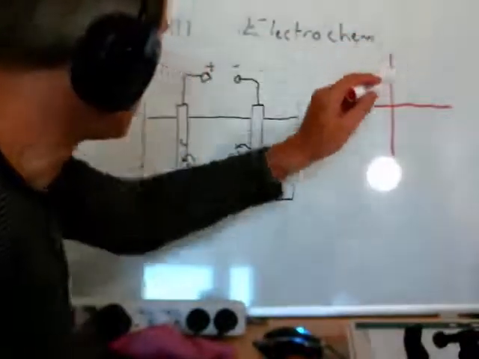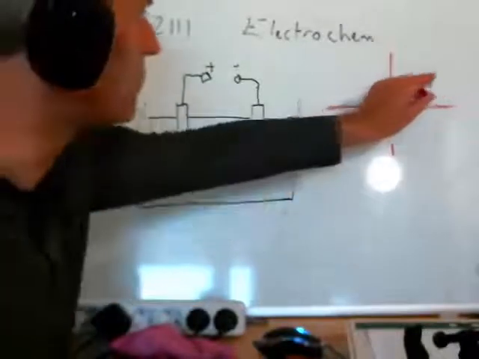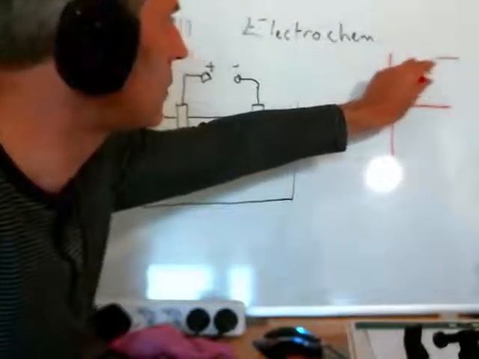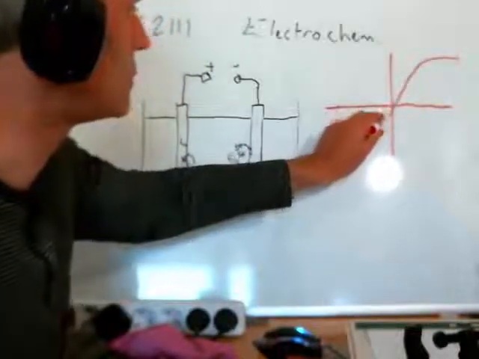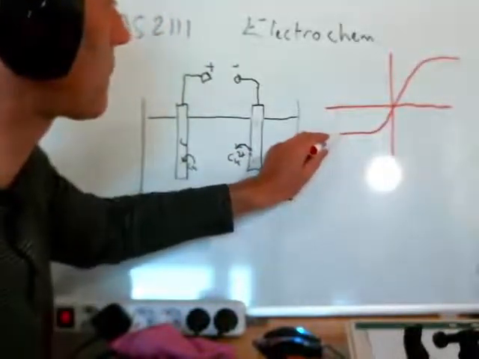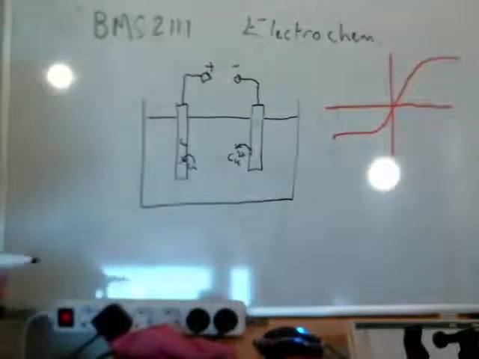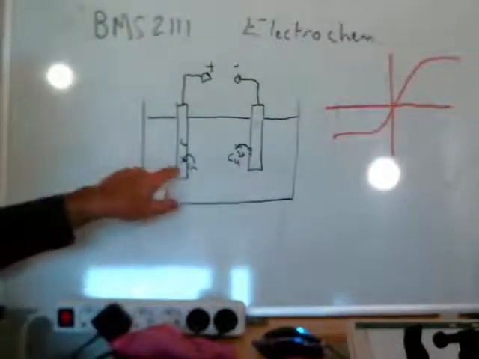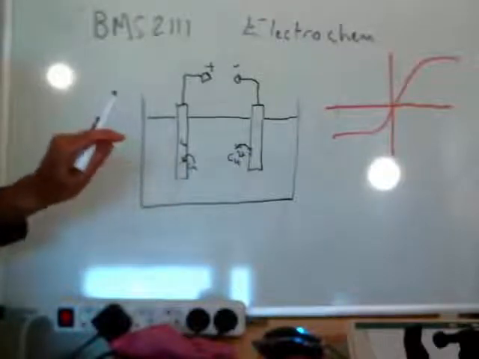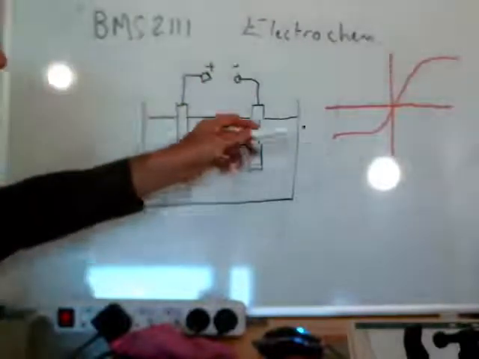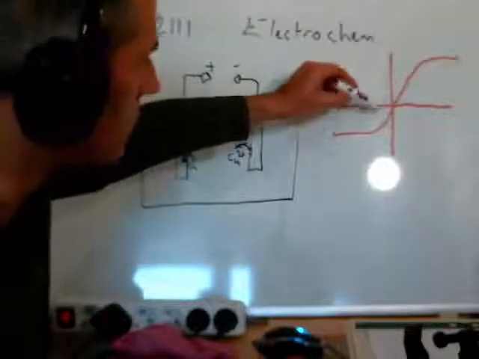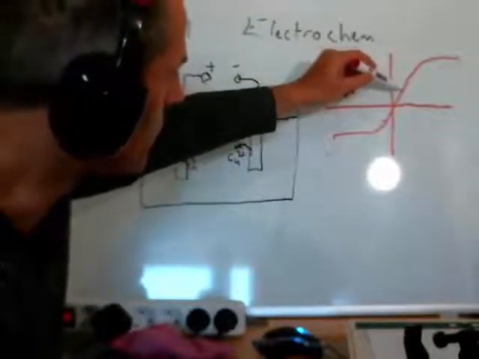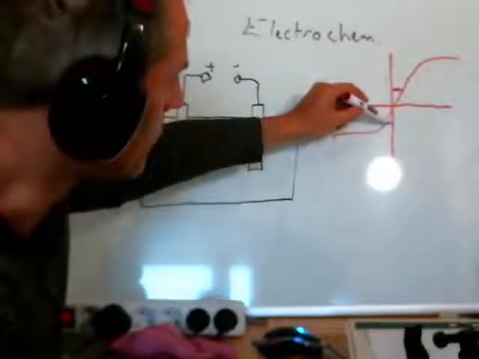So if we have red and we have this process, that it's easier to dissolve the copper than it is to deposit it, then as we turn the voltage up, we will go up on both electrodes so that the current here is equal to the current here.